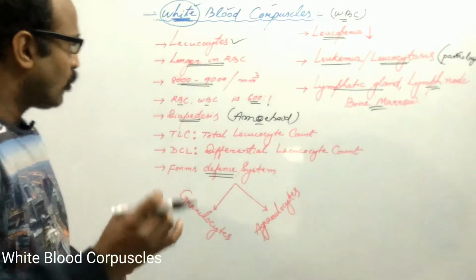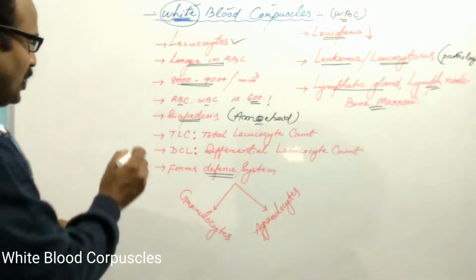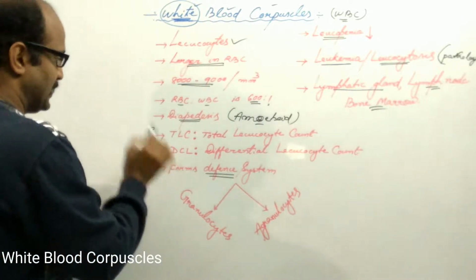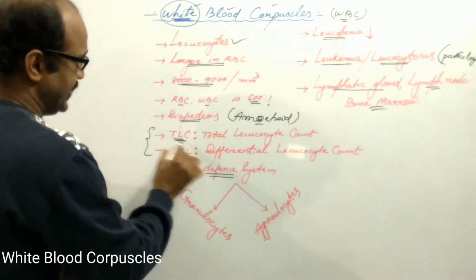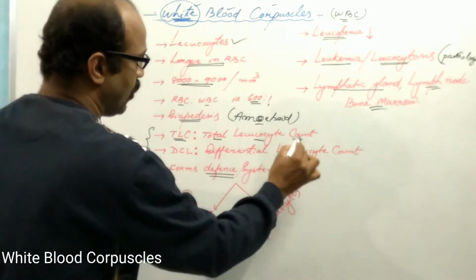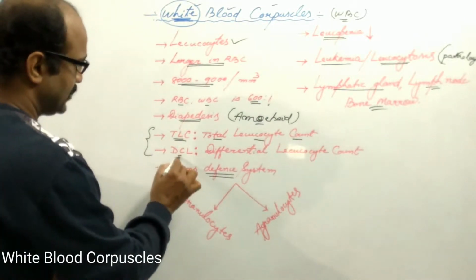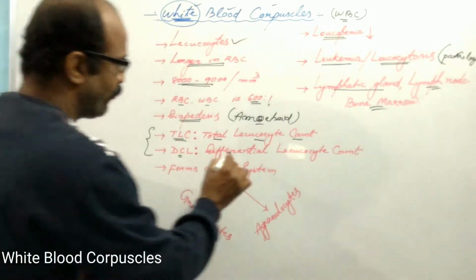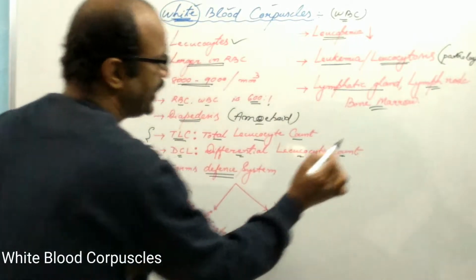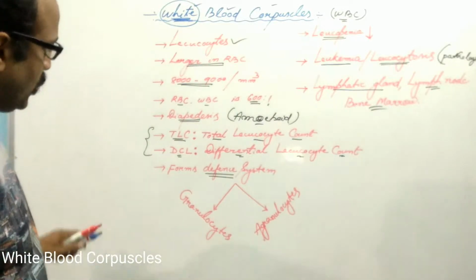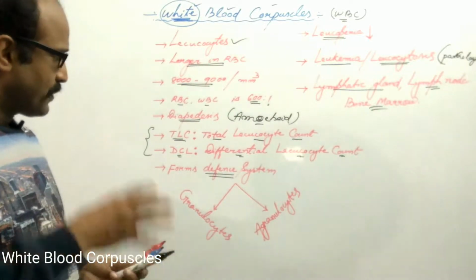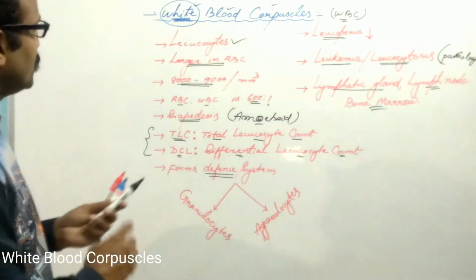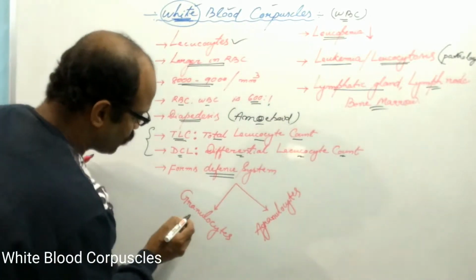There are two terms related to leukocytes or the WBC: the TLC, the total leukocyte count, and the DLC, the differential leukocyte count. On the basis of the presence of granules in the cytoplasm, these leukocytes are of two types.